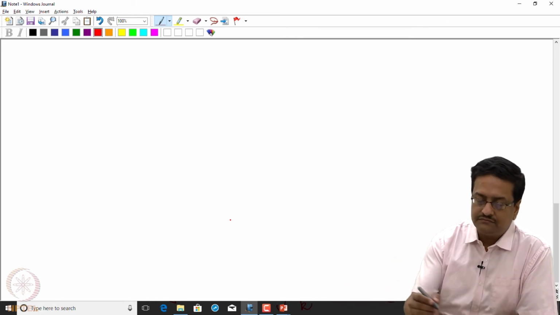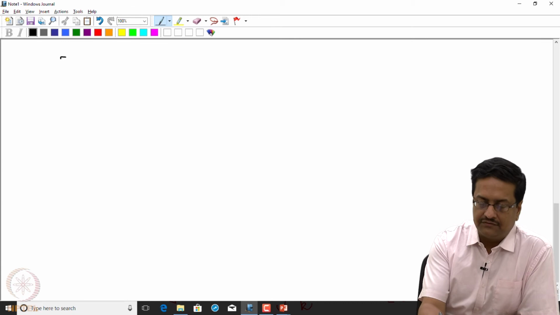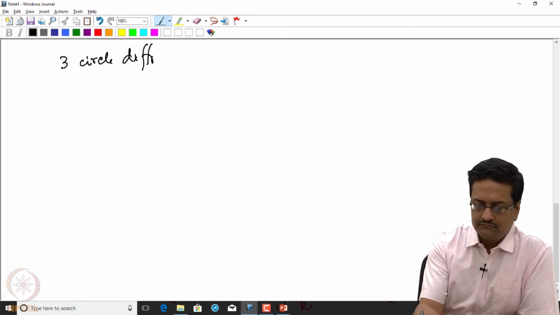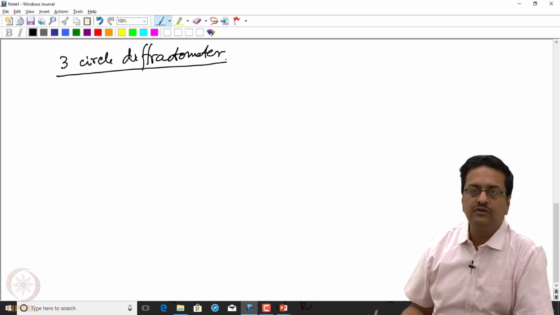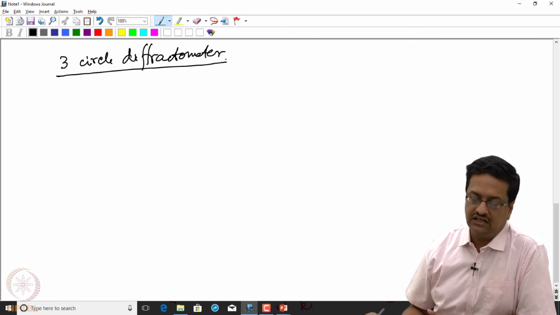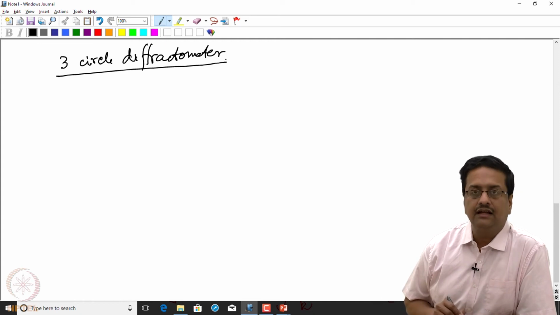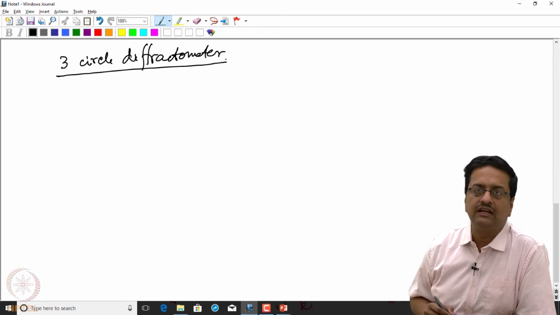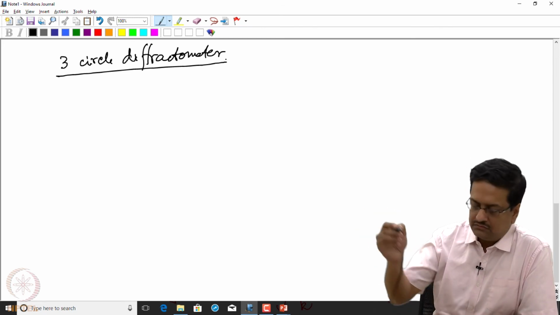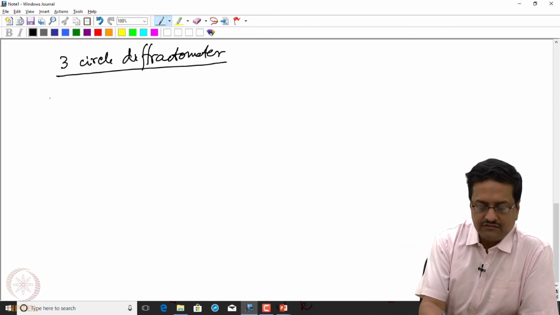So, in case of a 3-circle diffractometer, the following table that I am going to write is generally used for a data collection limiting to either hemisphere or quadrant or a full sphere data. So, what are the variables?